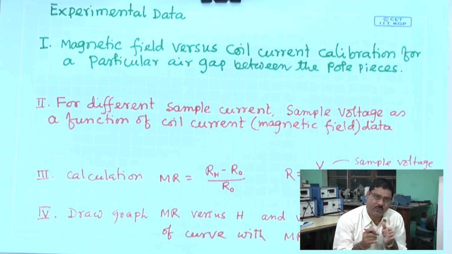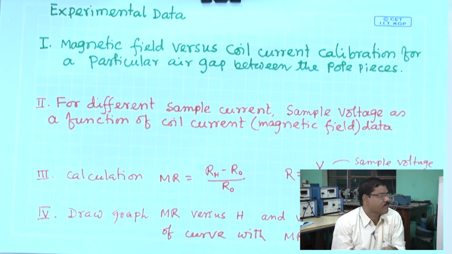So, there we will not put the Hall probe for knowing the magnetic field, because it can disturb, it can affect the measurement of the resistance. So, we will not use the Hall probe or Gauss meter during the electrical measurement.